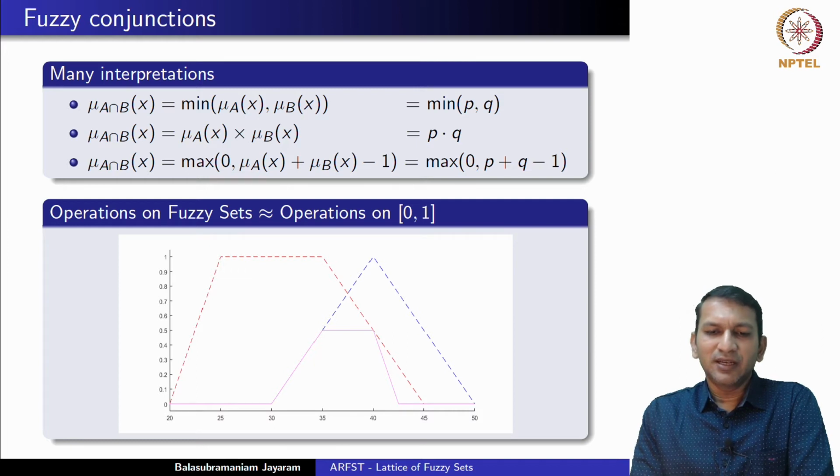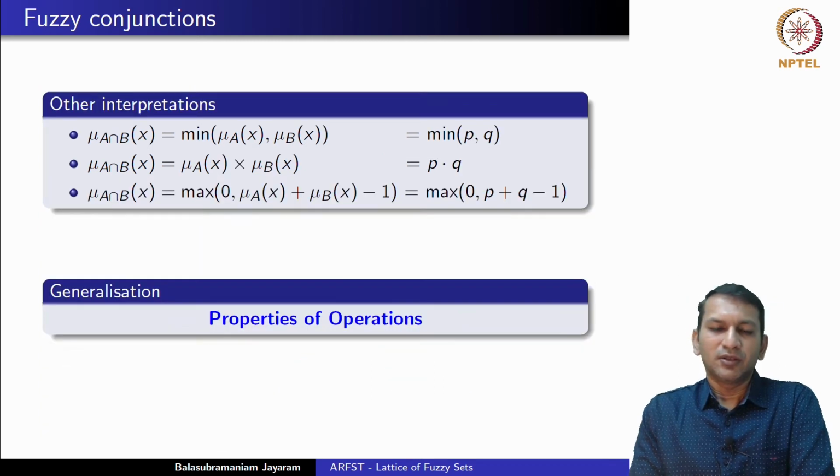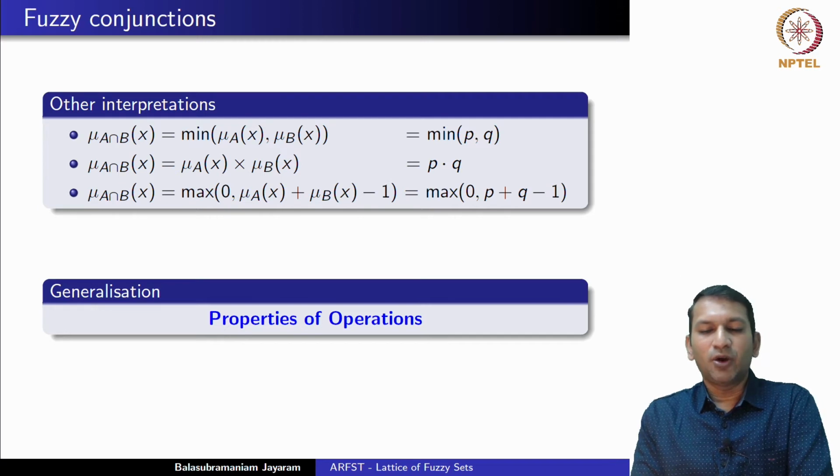We have seen that as the operations change, so do the shapes of the curve. As an important outcome of this, we have seen that it is possible to generalize this. These operations can be generalized by extracting the properties that we want them to hold.